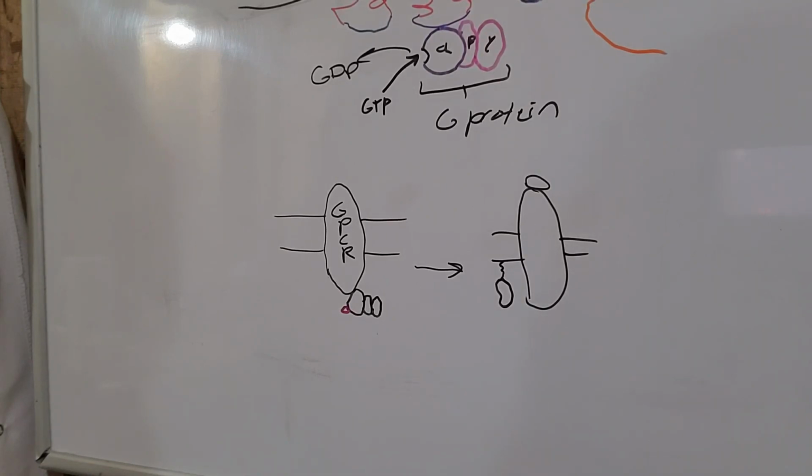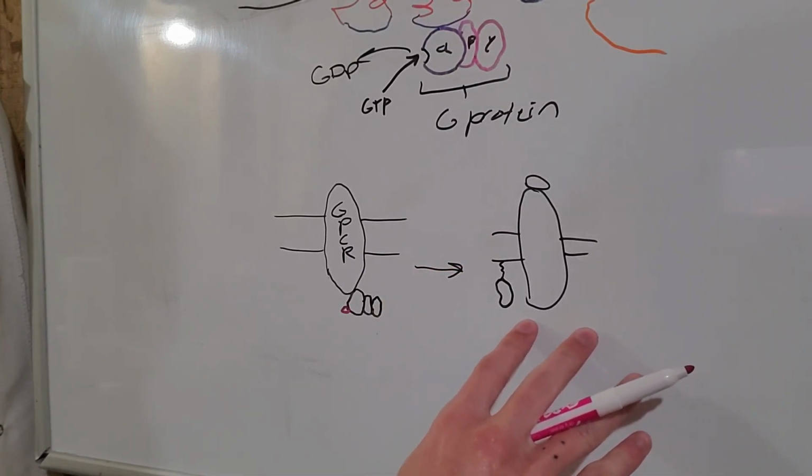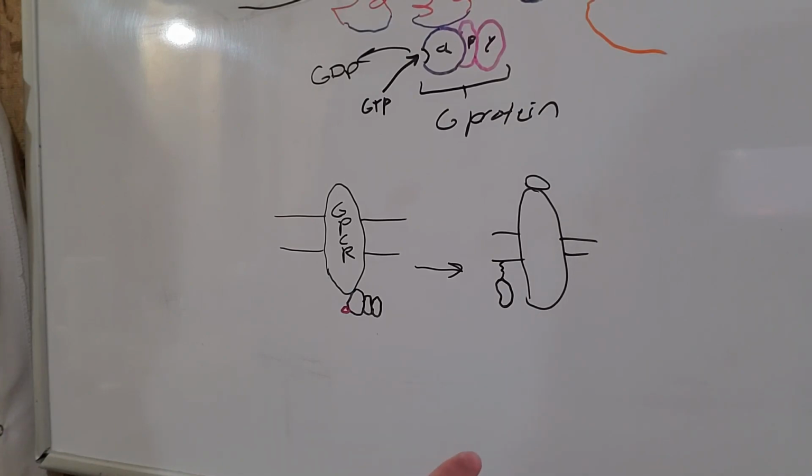So this is the inactive G protein. When the receptor is activated and induces a conformational change in which the exchange of GDP with GTP occurs, the GTP-associated alpha subunit of the G protein complex moves along the membrane. It leaves the vicinity of this receptor, and then the beta gamma subunit does the same.